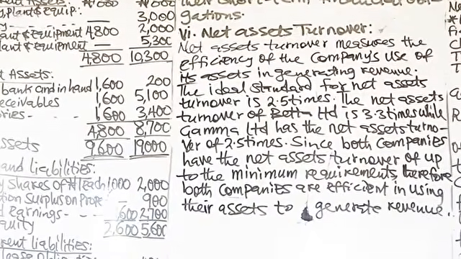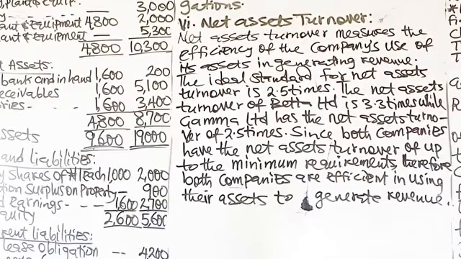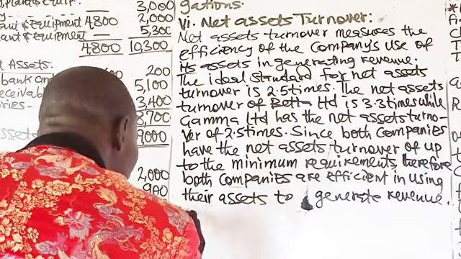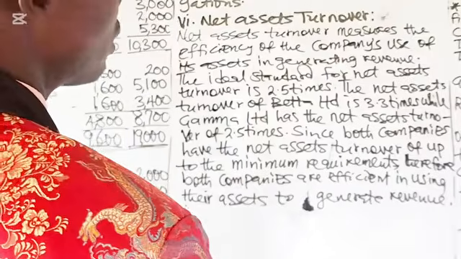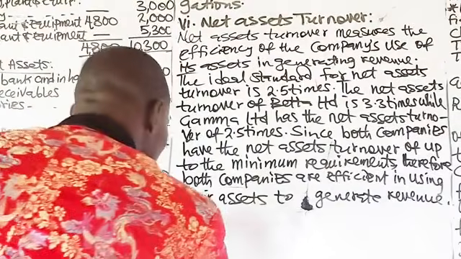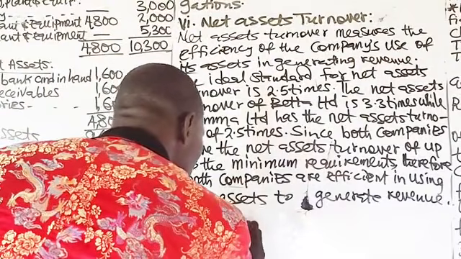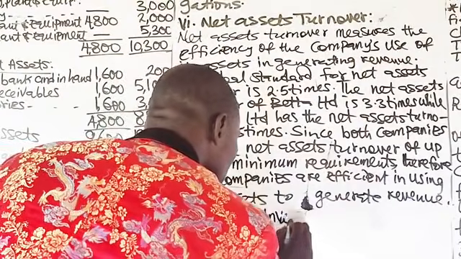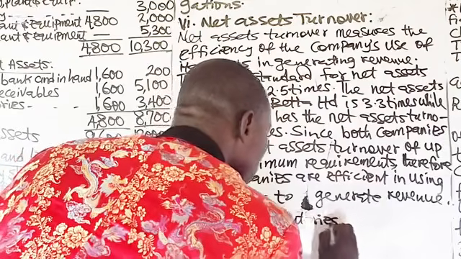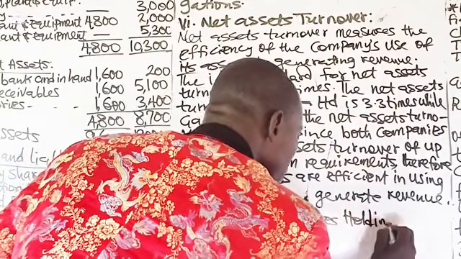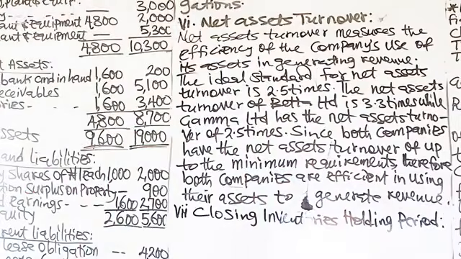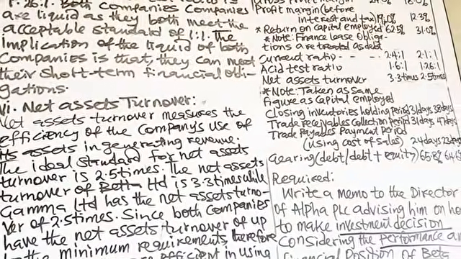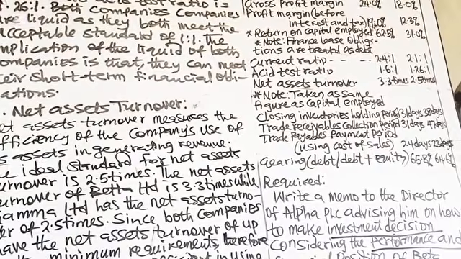Then number seven, after net asset turnover, we have the closing inventory holding period, as provided in the question.